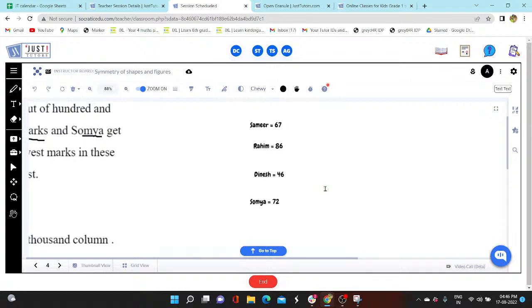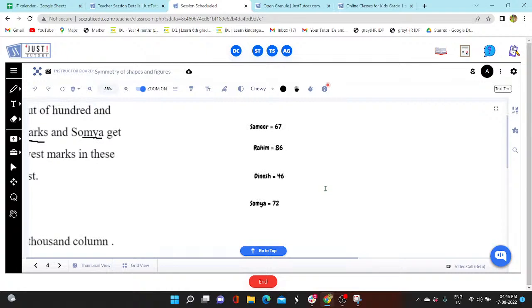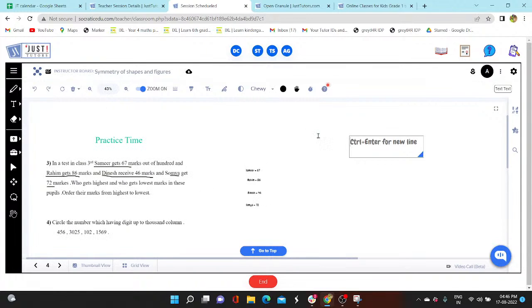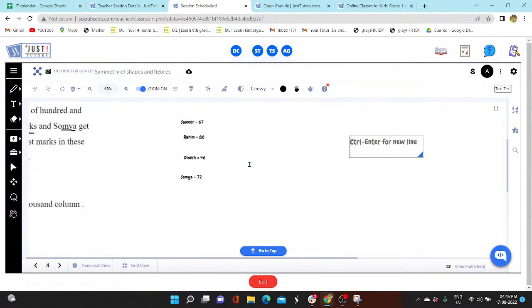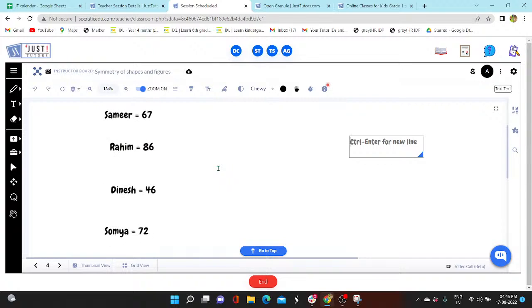So these are the four children and these are their marks. So if we try comparing these four, so whose is the lowest? We have to arrange them, order their marks from highest to lowest. So whose marks are the highest? It's Rahim.